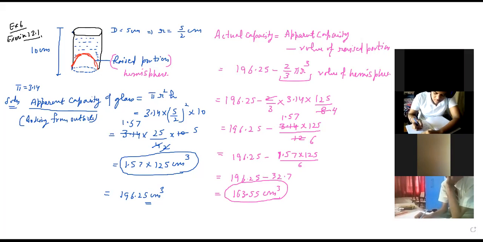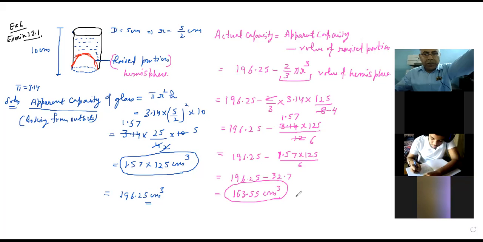Sir, in my book, the final answer is 163.54. So this is 0.01 difference. It can be in the calculation. He can directly multiply 3.14 with 125 and divide it by 12. You will get this difference. Okay, sir. Right? This is perfectly fine.